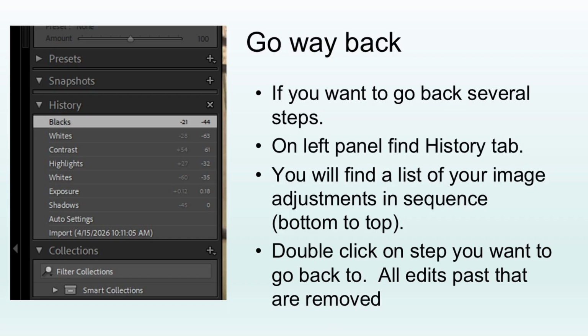And let's say I want to take it back to the import state. I would click on the import. If I want to take it back to where I had adjusted exposure, I'll click on that. And that will erase all edits from then on and take you back to there. So you just highlight that, double click, and that restores that file to whatever point you were in the editing sequence.